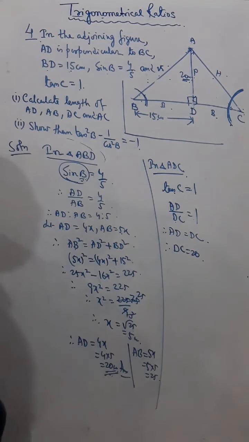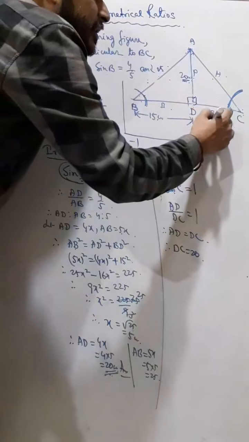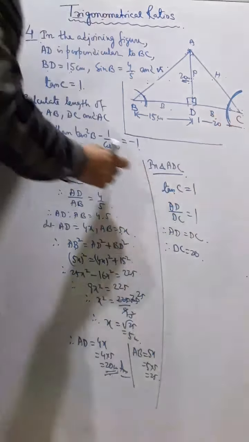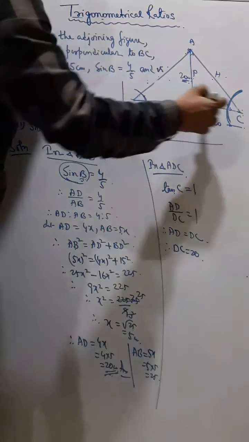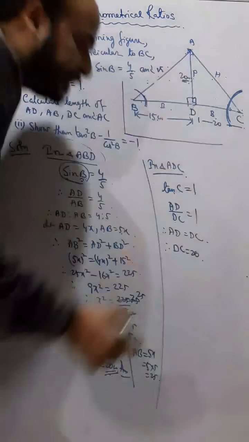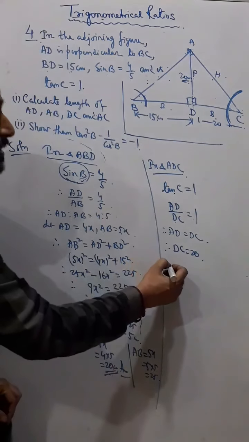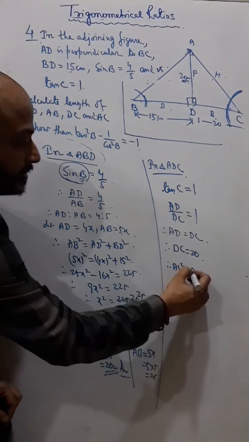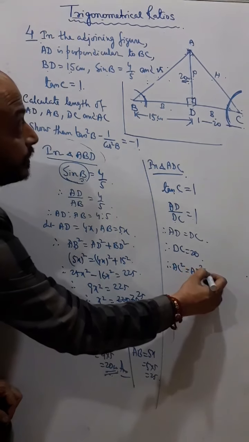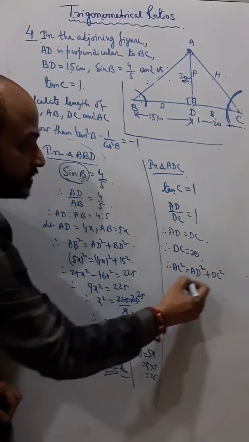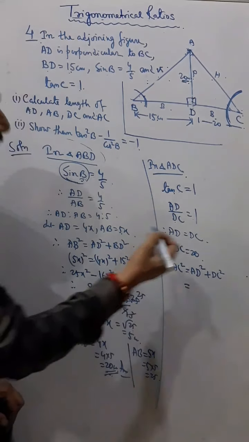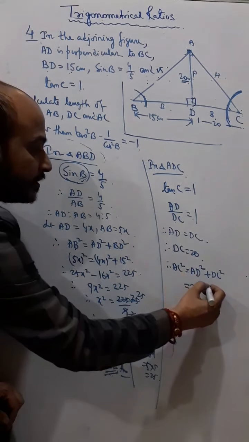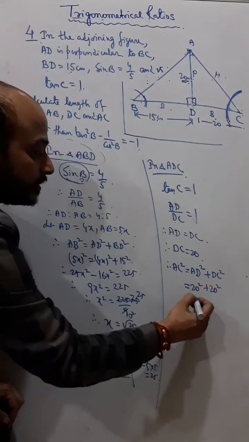20. Okay, so we got this DC as 20, and now you can get AC. You can apply the Pythagoras theorem, and now we can say AC square is equal to AD square plus DC square. So AD is 20 square plus 20 square.